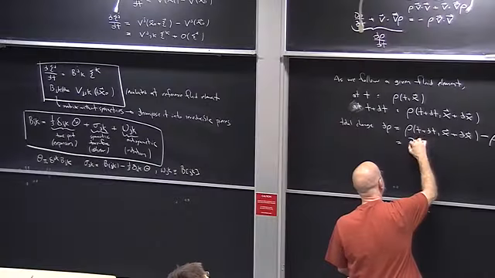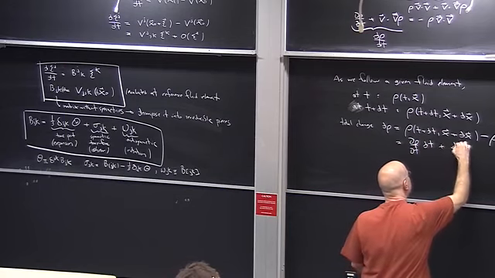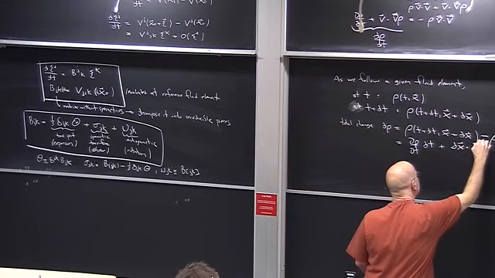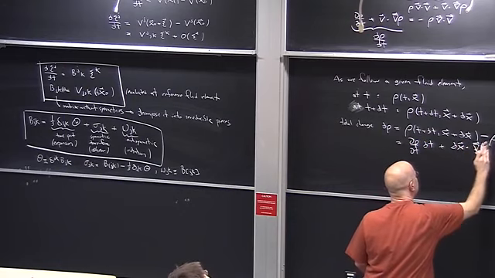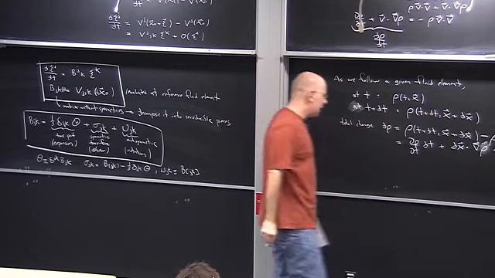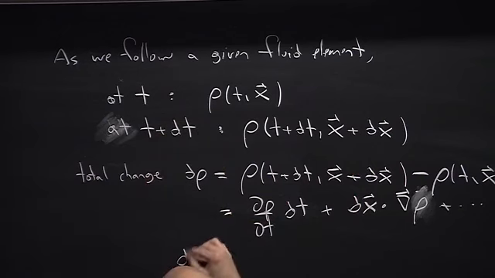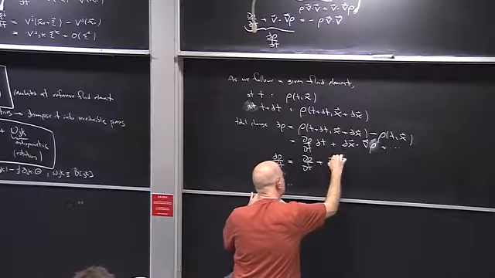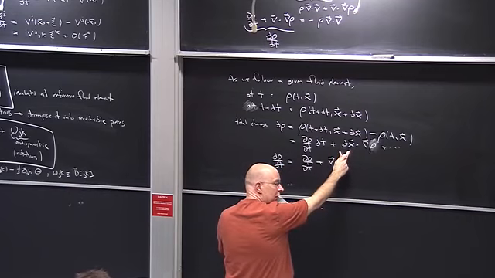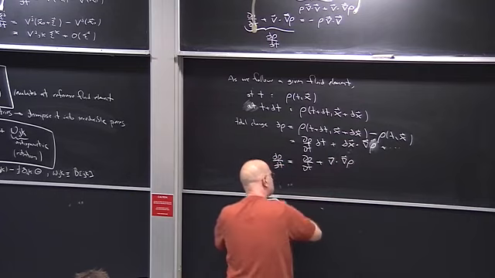And that is something I can evaluate as a Taylor expansion. So I get the partial derivative with respect to t multiplying dt. And then I get dx multiplying the gradient of the density. And then, of course, there would be higher order terms that I don't care about when I take the limit. And therefore, if I divide with respect to dt, I get dx divided by dt, which is clearly the velocity of the fluid element, multiplying the gradient of rho.